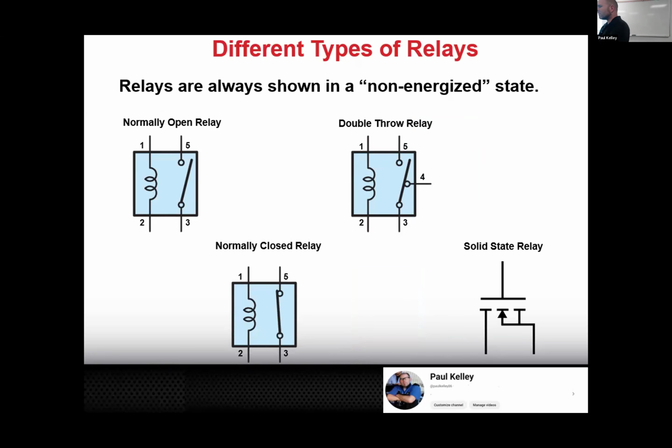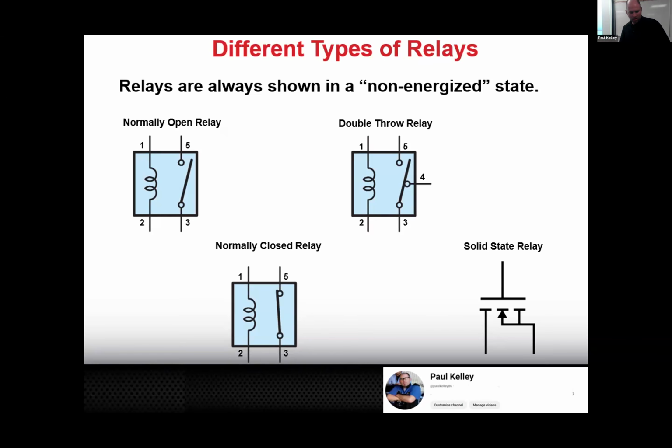One, sometimes we'll just call them a feedback relay, where the ECU may monitor: is there continuity between 4 and 3, in which case the relay's open because they're contacting here. If there's no continuity between 4 and 3, that would mean the relay has moved over and must be touching 5, right? So sometimes we'll add 4 over there as a way to monitor the status of the relay, because the ECU may want to know that for one reason or another.